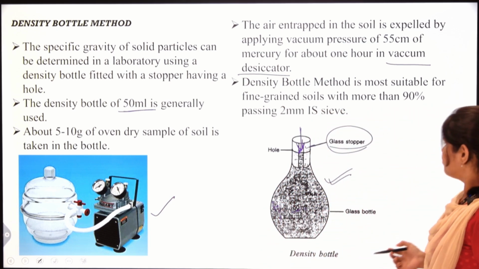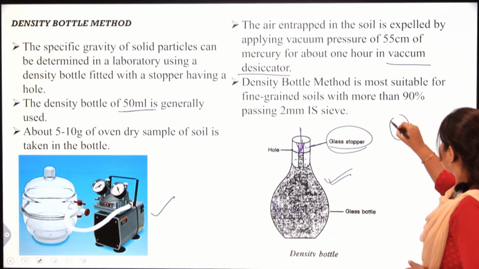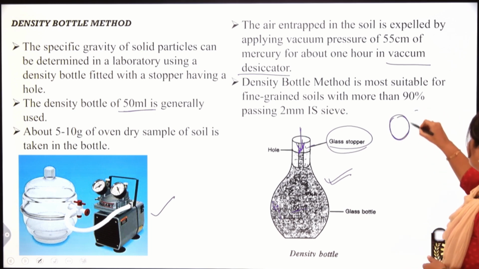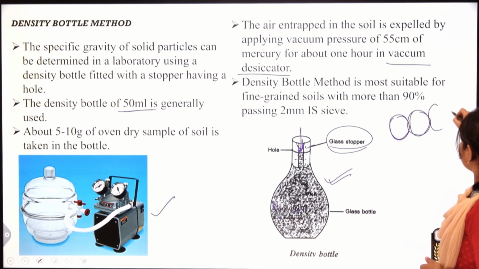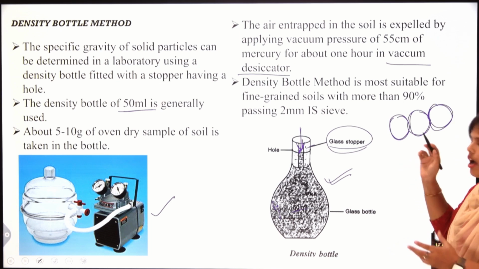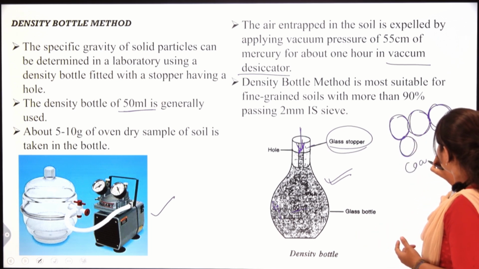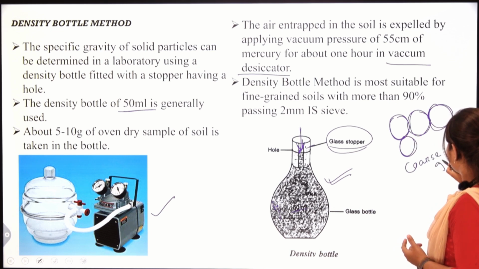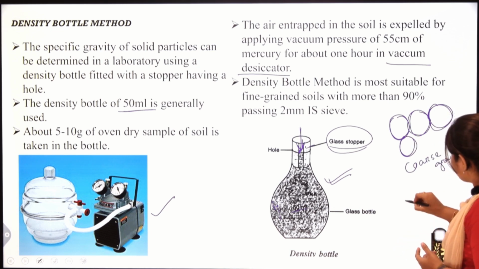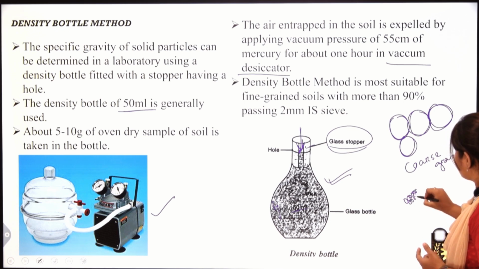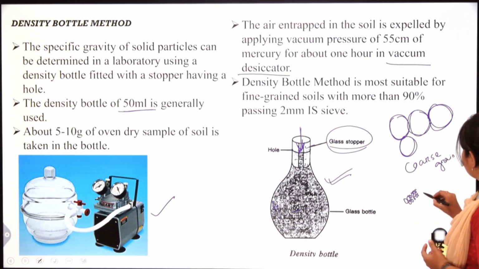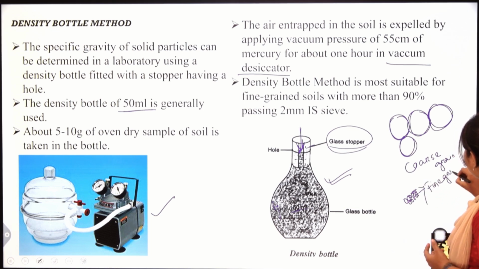Easily, if we don't remember the particular size, soil of greater size is coarse grain soil, and soil of very small size is termed fine grain soil.